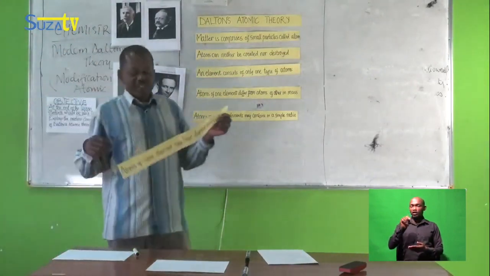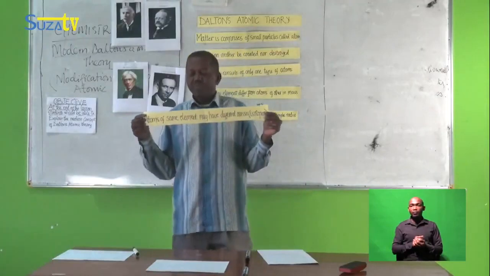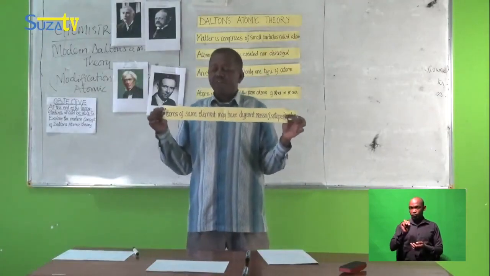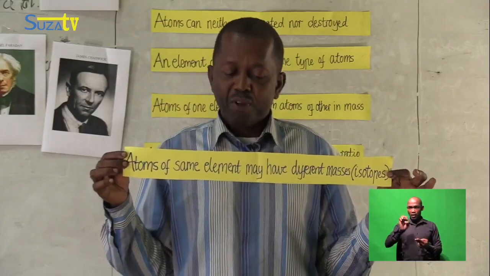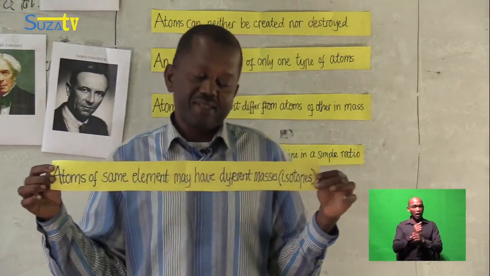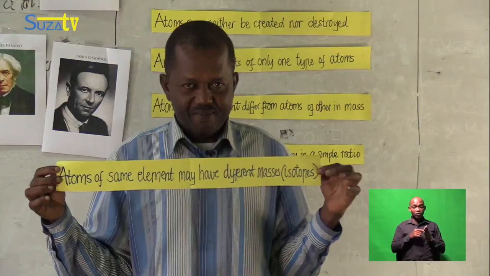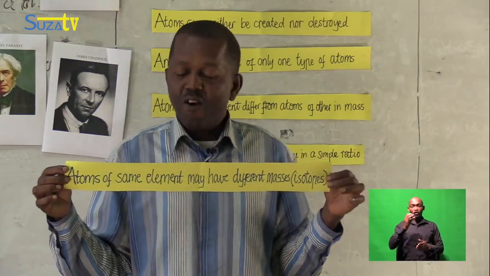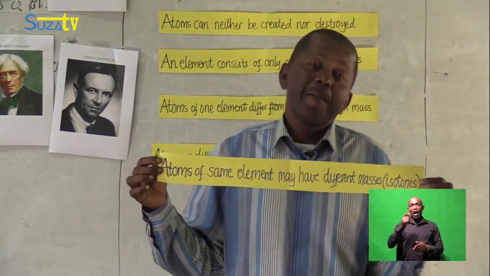This modification says atoms of the same element may have different masses. And this is shown by isotopes. Atoms of the same element may have different masses.